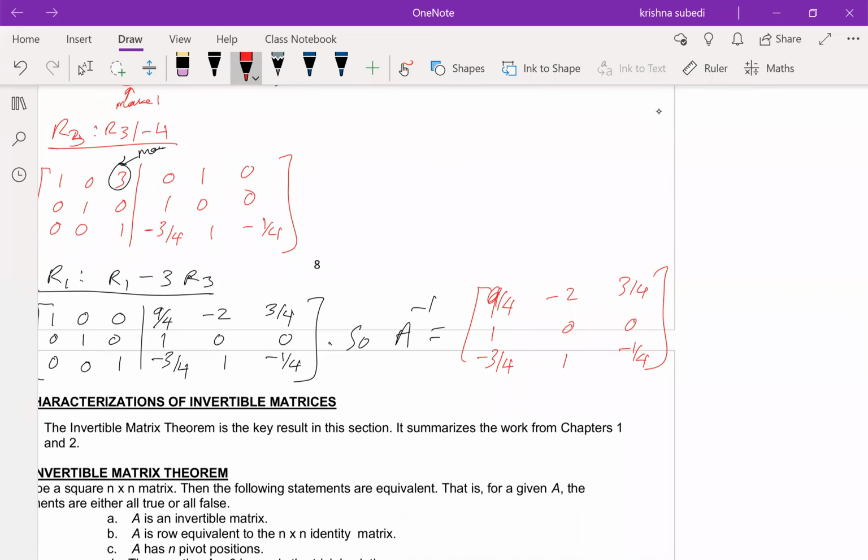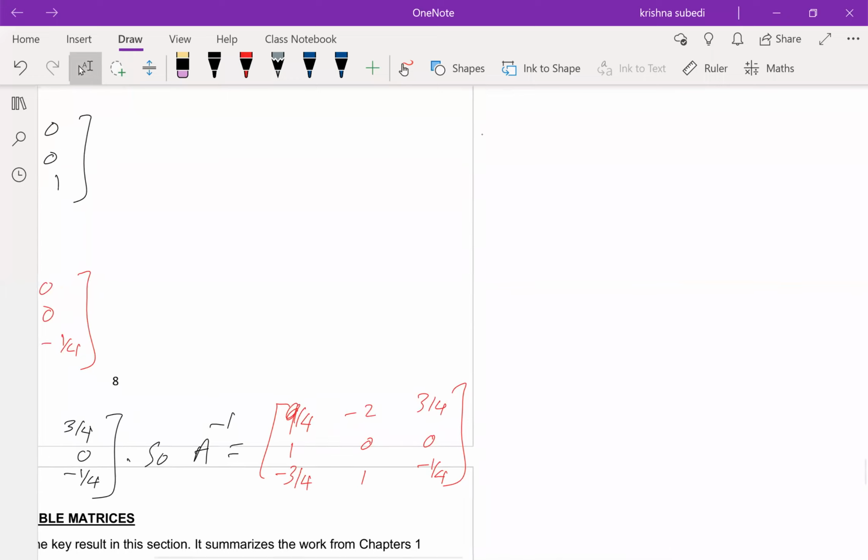That's what we got. Now, how to check whether this is right or wrong? Multiply with the identity matrix, the I matrix. Okay, let us check that.